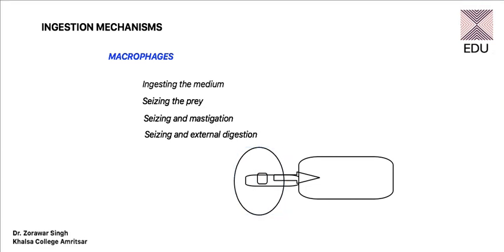So here we have a partial digestion. This is the seizing of the prey and external digestion. It is very much a peculiar feature of echinoderms.